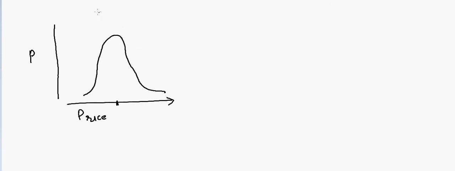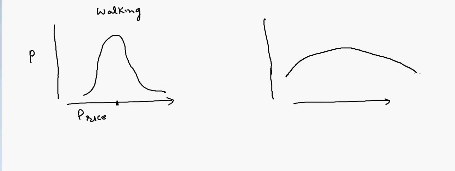So this is walking, and if the stock is on the car, then the distribution will look something like this. So it can go anywhere, right?